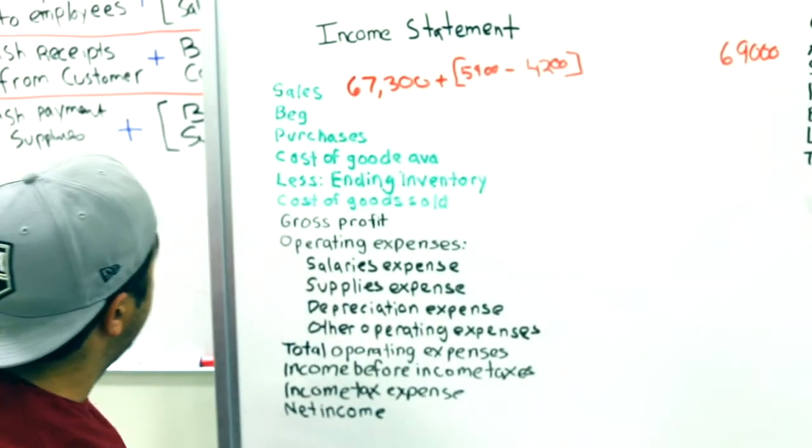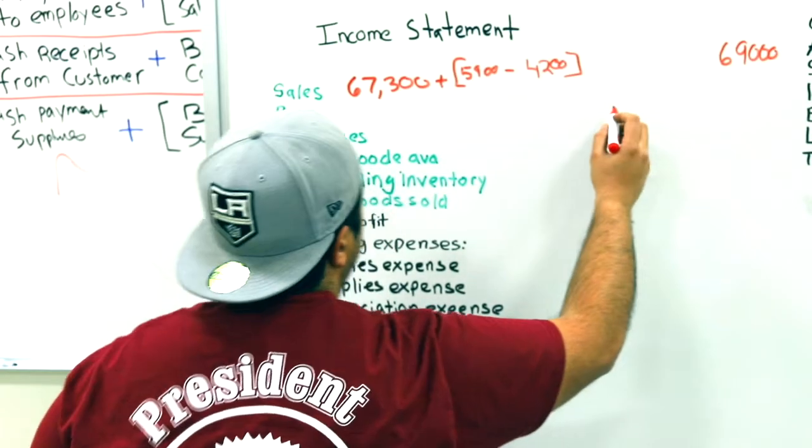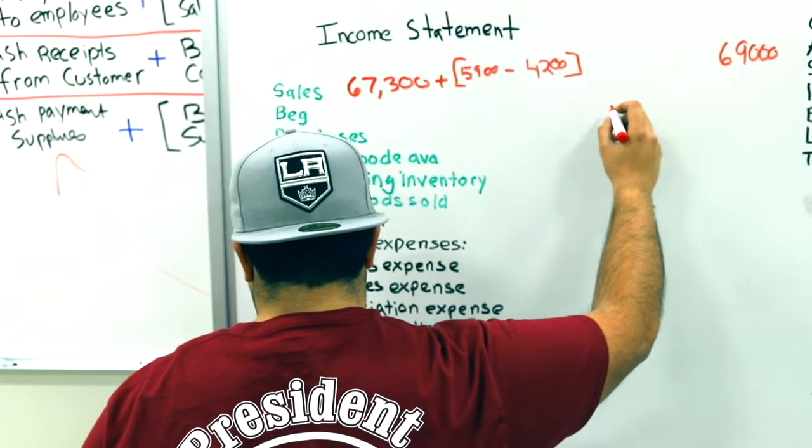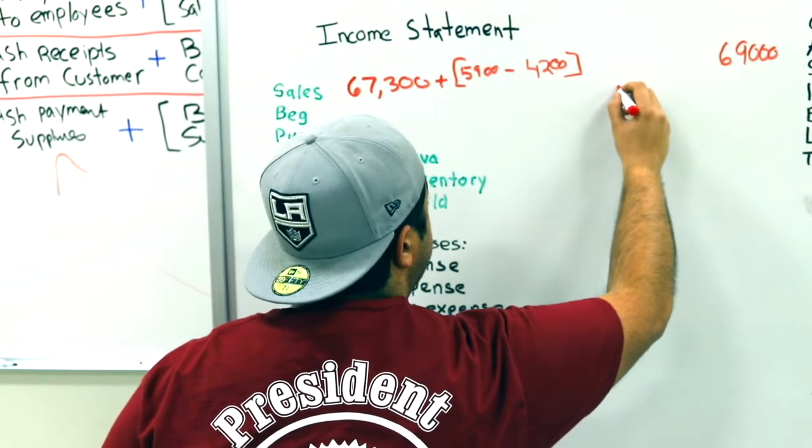Right? And then we get beginning. Now we move on to beginning of 5,600.